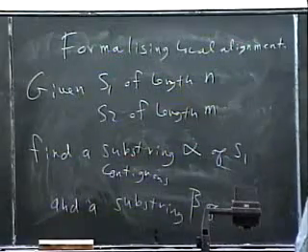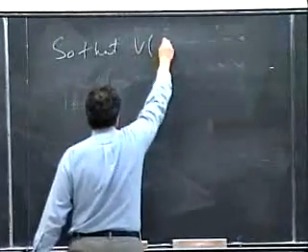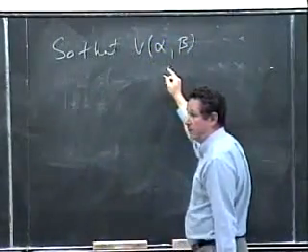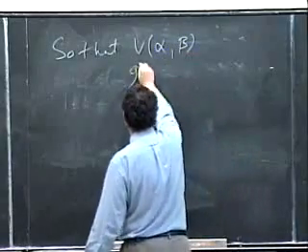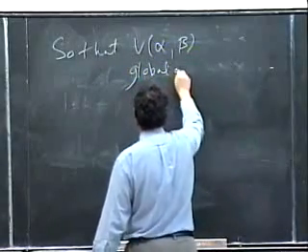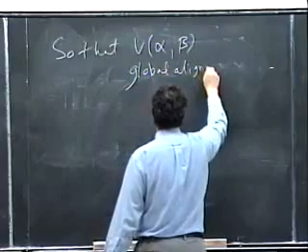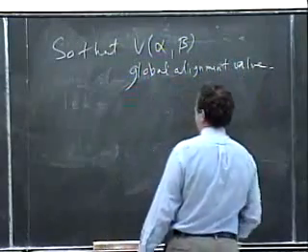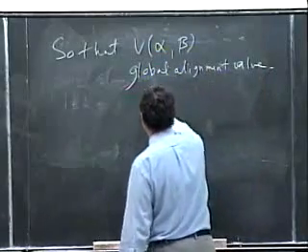So that V alpha beta, that's the global alignment value of alpha and beta.